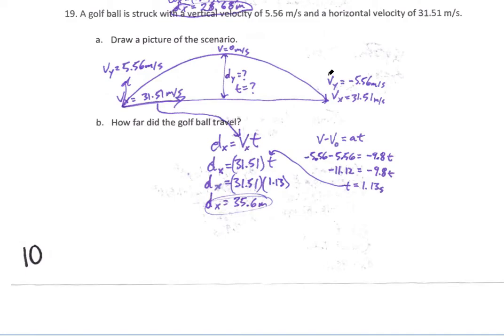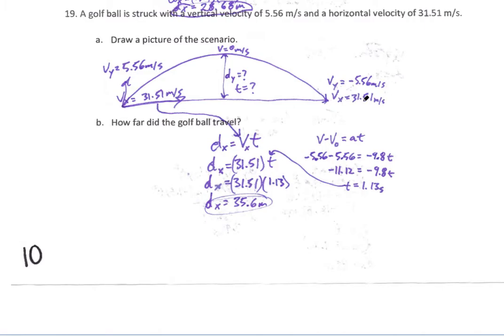And then we also know our final velocity in the y direction is the negative version of this number, right? If the initial was 5.56, then the final is negative 5.56 because it's coming back down. Remember, these negatives represent down. In the x direction, that 31.51 meters per second is the same throughout the entire path.